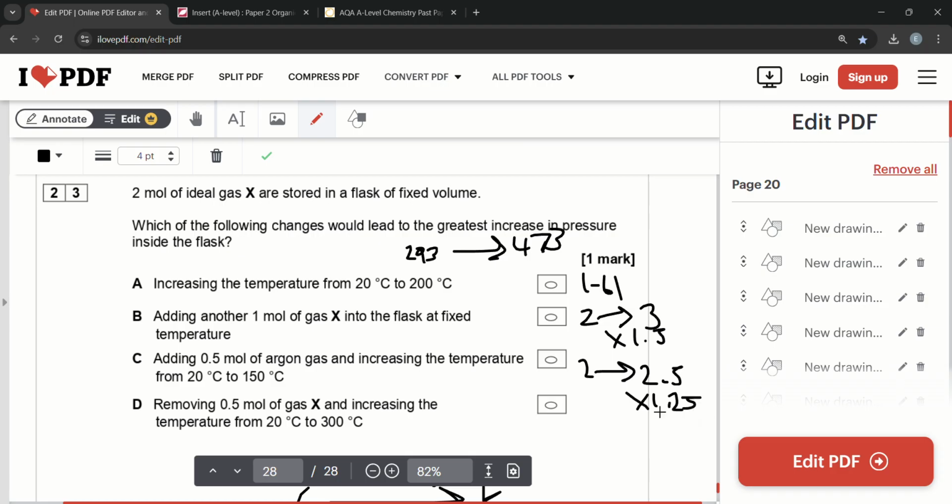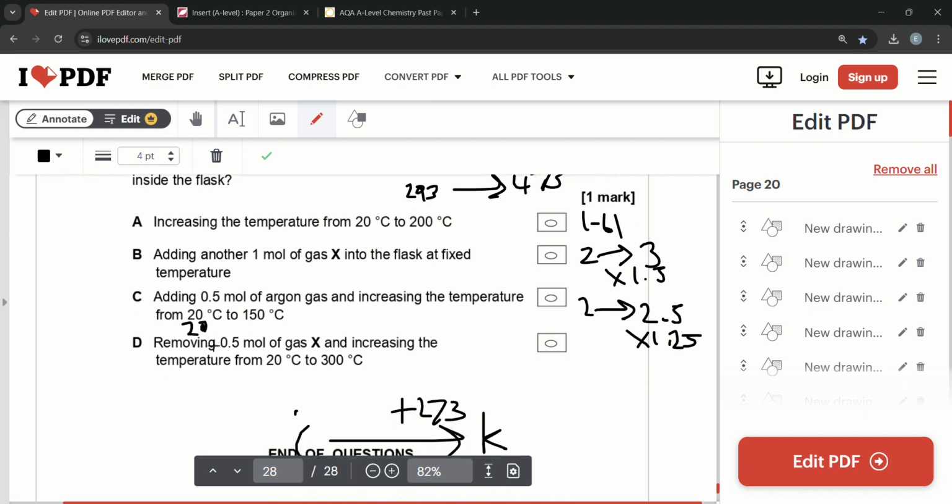But we also have gone from 293 Kelvin to 150 plus 273, 423 Kelvin. And that is an increasing factor by 1.44. So now what do we do with both of these? Well, we do 1.25 times by 1.44, which gives me 1.80.